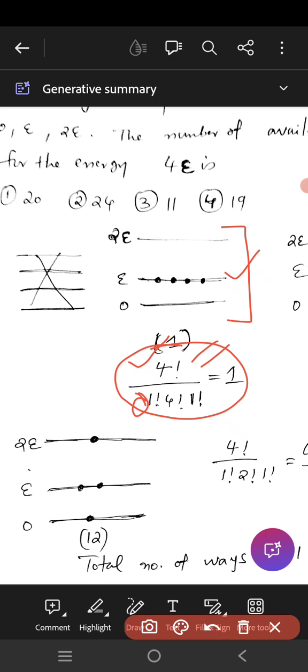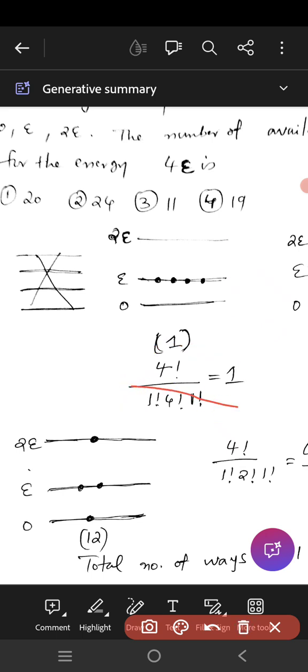The next energy level has 4 particles, so 4 factorial. The next energy level has no particles, so 0 factorial. So this way you get the total number of microstates as 1.